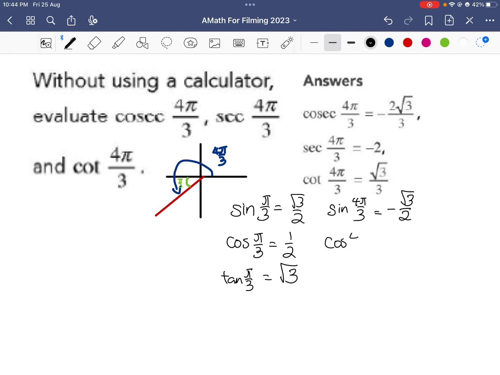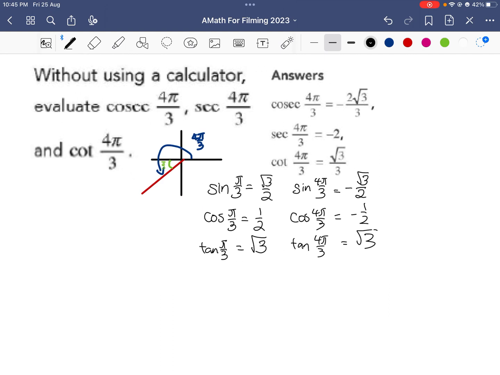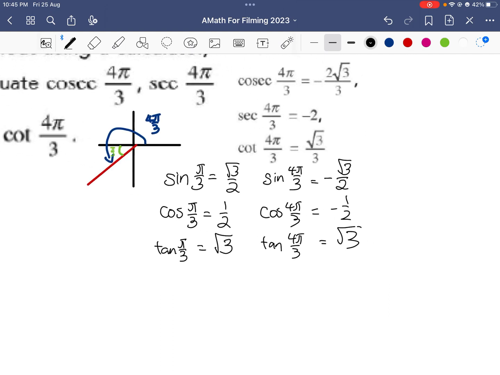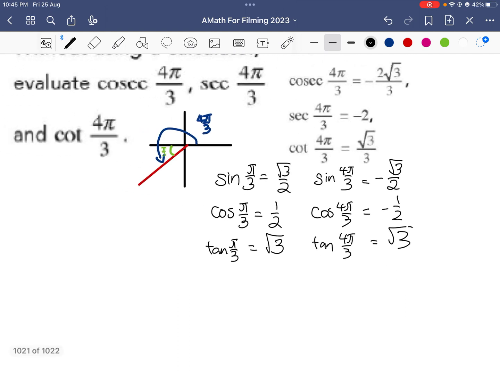Similarly, cosine of 4 pi over 3, again A, S, T, C, only tangent is positive, hence my cosine value here is negative half. Tangent will be positive, so tangent of 4 pi over 3 is positive root 3. Now we need to find cosecant.